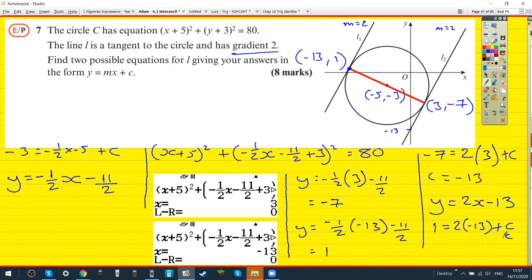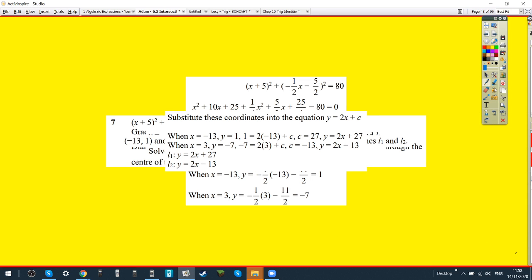Which would be minus 26. So it'd be 1 equals minus 26 plus c. Then you add 26 to both sides, which makes it 27. 27 equals c. So the equation would be y equals 2x plus 27. That's it.